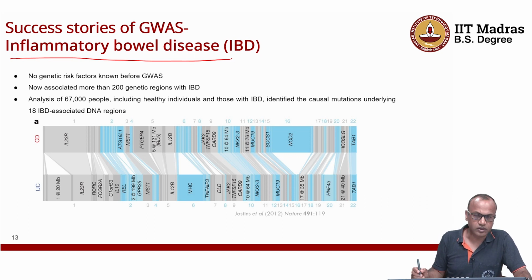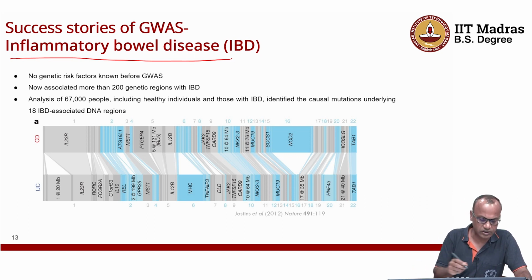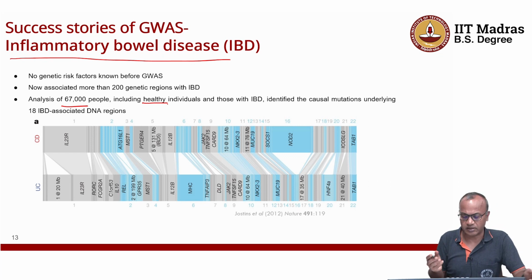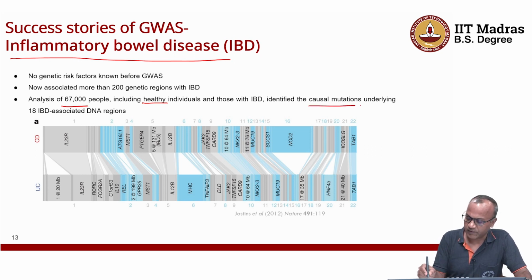So a large-scale genome-wide association study was done with 67,000 people, including healthy individuals. Again, as I said, there has to be a control, which is the healthy, and the disease individuals, and several mutations were identified which for the first time gave a genetic perspective of how that disease was being controlled.